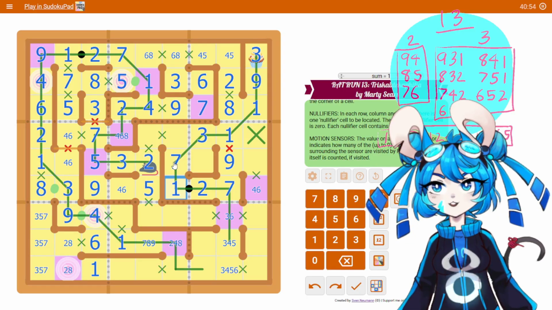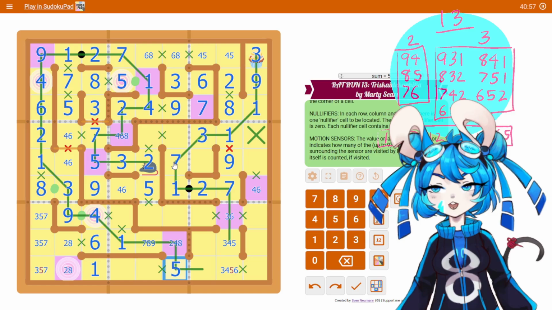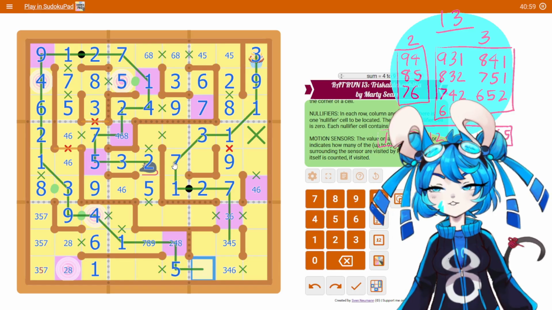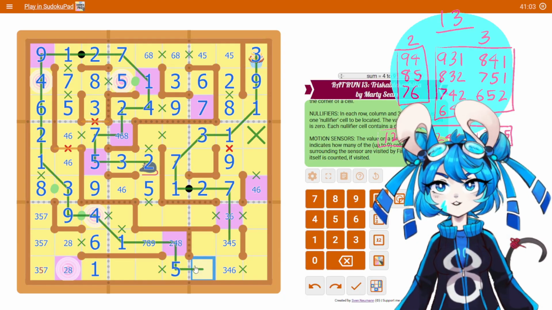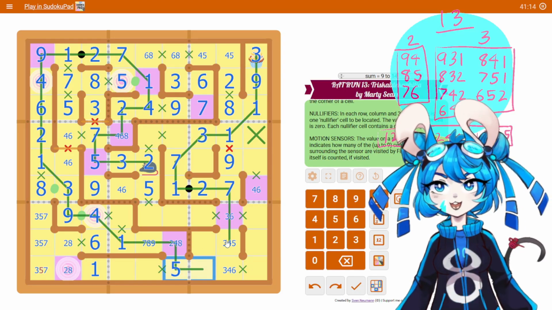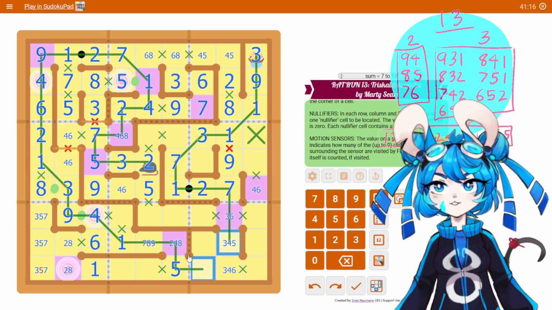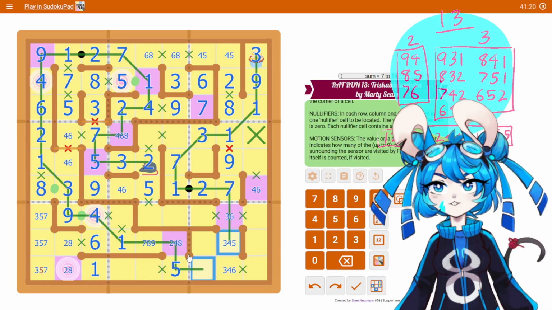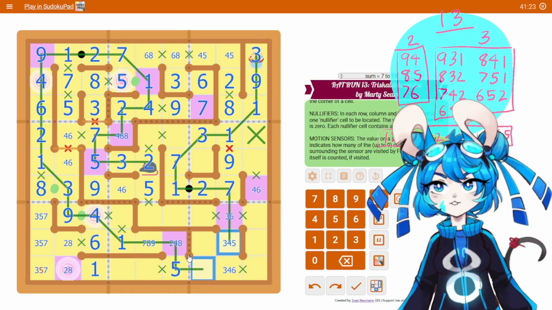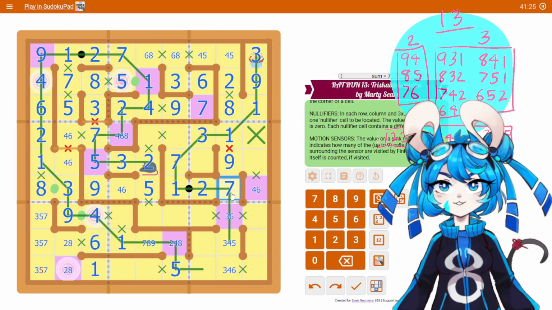And this has to be 7, 1, 5, right? And that would also put an 8 here. It looks like all signs are pointing at 5, 8, 5, 8, 5, 8. But is there another possibility? I don't know if there is. Because this is 8.